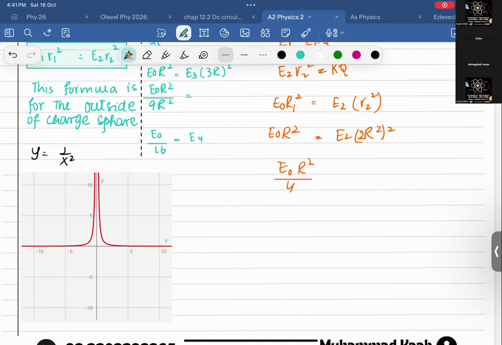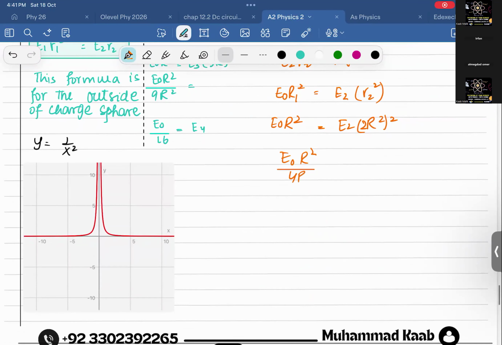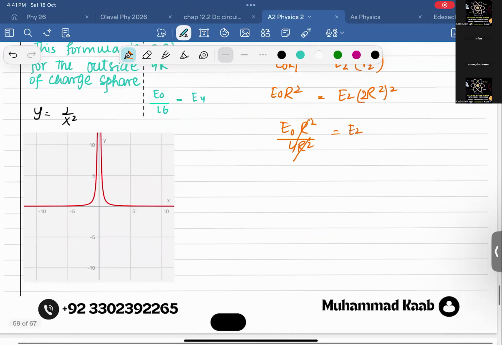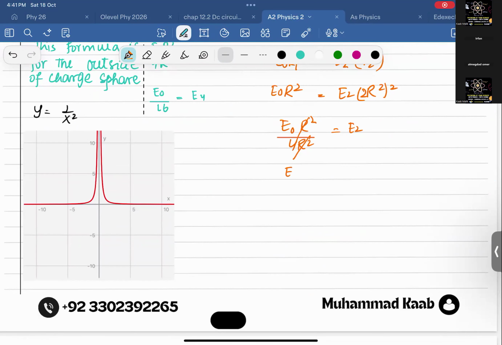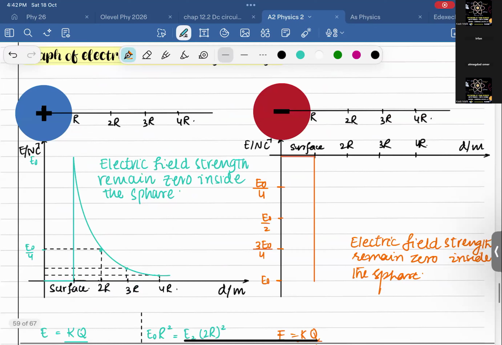It should be 2R because we are working at 2R. So 4R squared is equal to E2. 4R now goes off, and E2 is basically E naught by 4, right? So your second point is going to be right here.